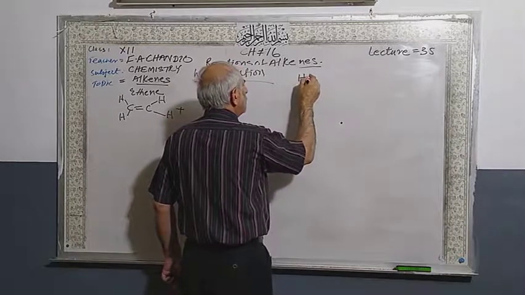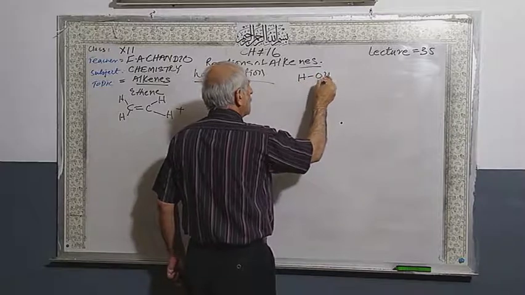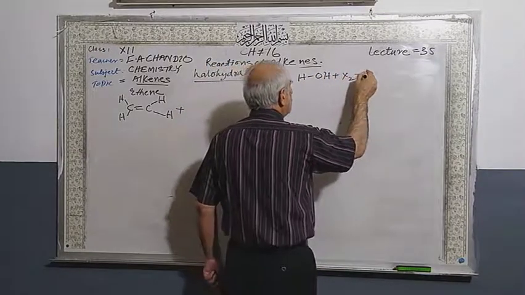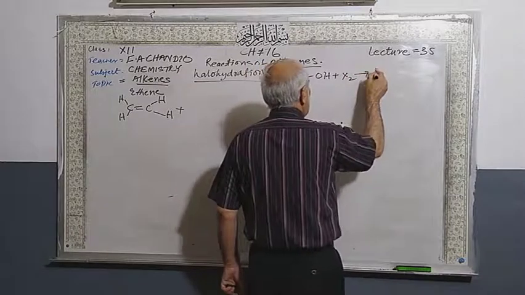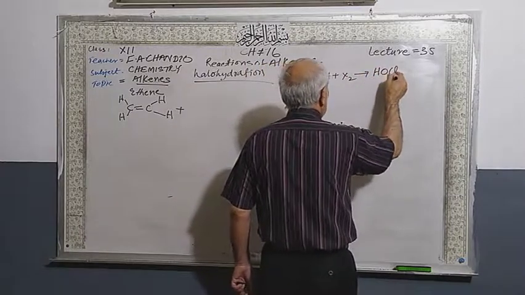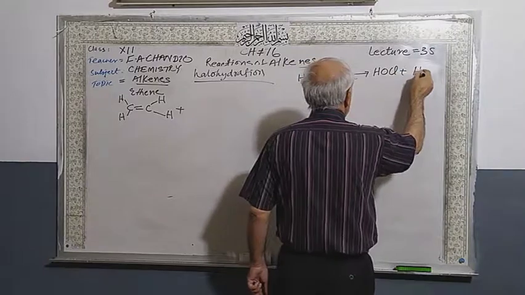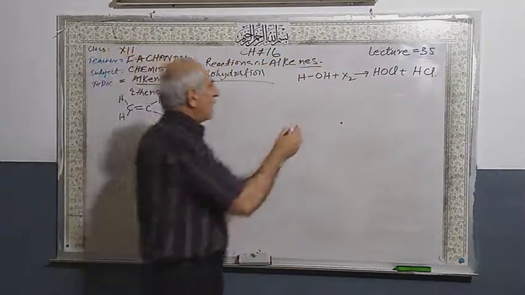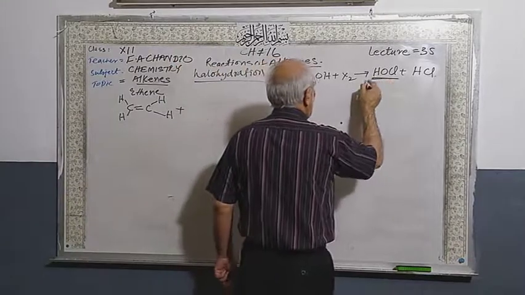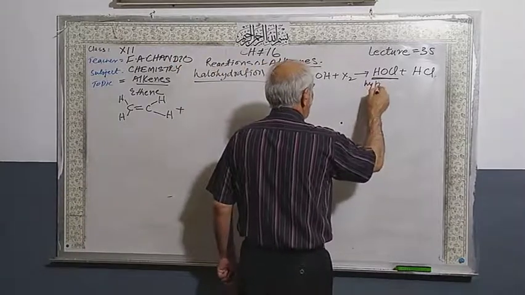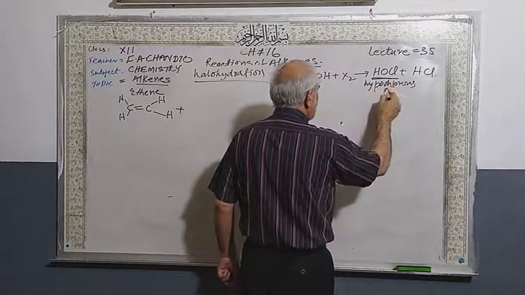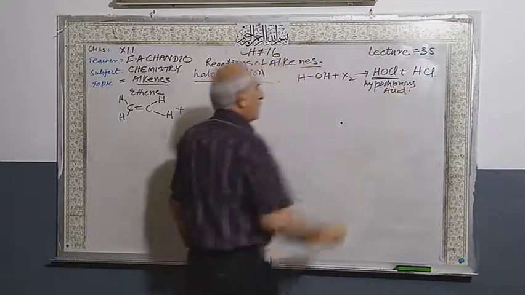This is the water, and this is the hydrogen. So you will get it like this. This is hypochlorous acid.